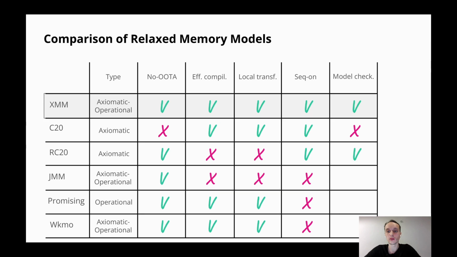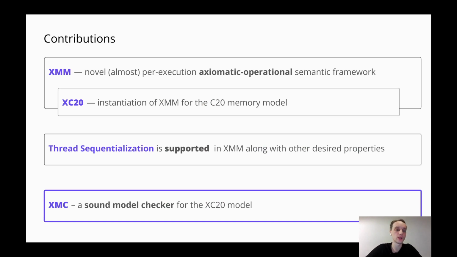But these tools rely on the acyclicity of execution graphs. The problem of model checking under multi-execution memory models was untackled until very recently. A tool was proposed for the weakestmo memory model, however, it was not proven sound. So the third contribution of our paper is that we developed XMC, a sound model checker for the XMM memory model, and we proved its soundness.